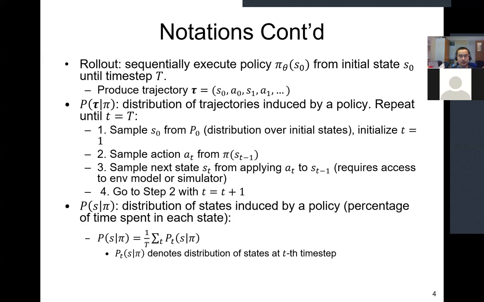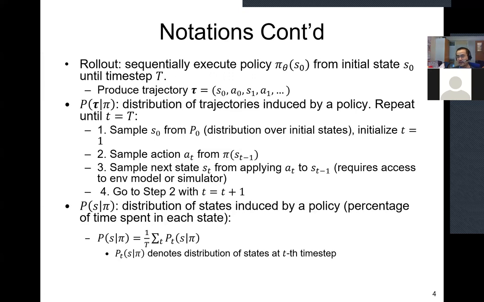As you run these four steps, eventually, when you come to time step capital T, you have obtained a trajectory as a sequence of state-action tuples. The probability of tau given pi is the distribution of trajectories induced by a policy.